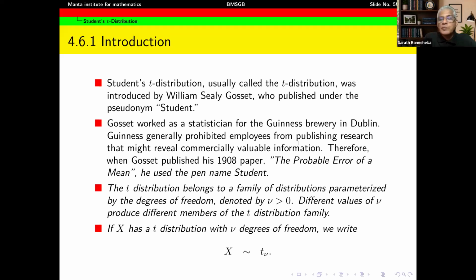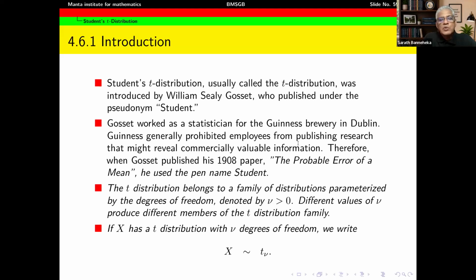Guinness generally prohibited employees from publishing research that might reveal commercially valuable information. So therefore, when Gosset published his paper in 1908 with the title The Probable Error of a Mean, he used the pen name Student. So that's why today it's called Student's t distribution.